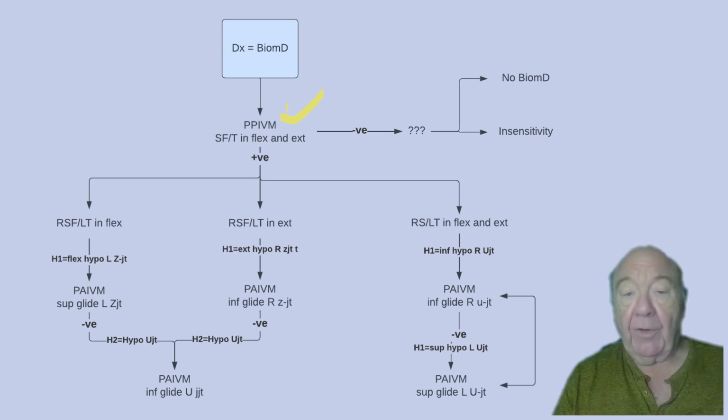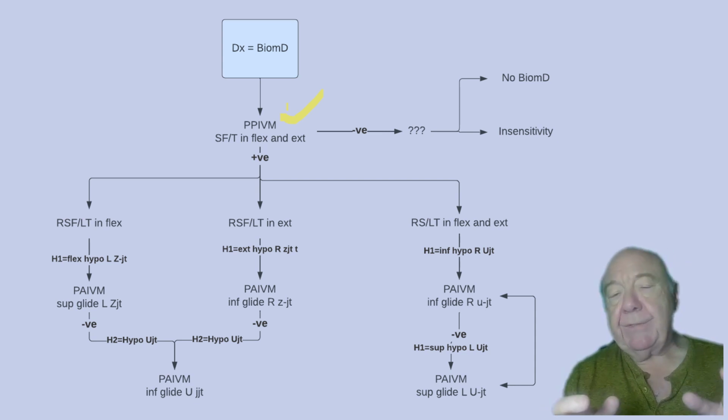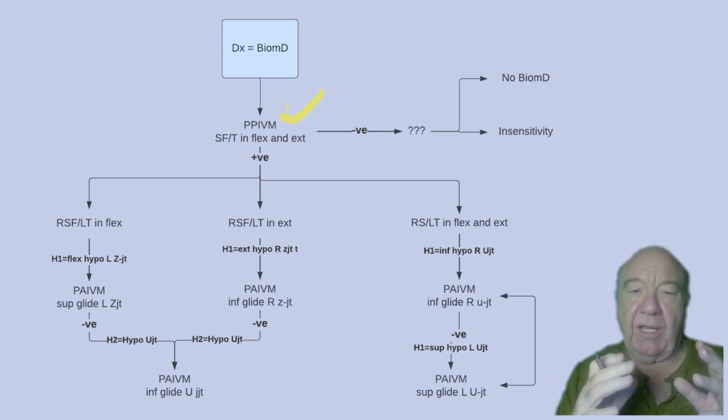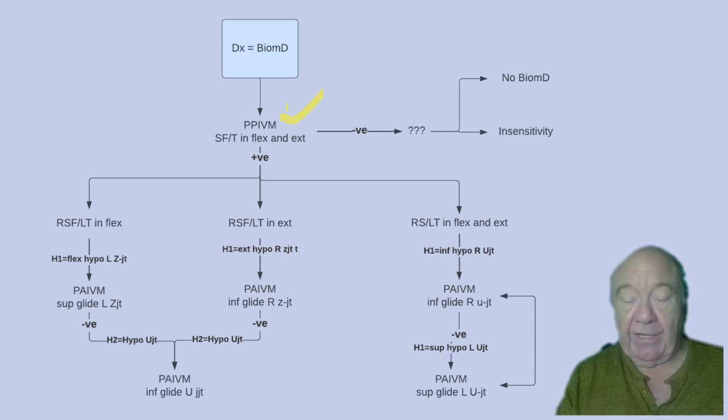You can't get an awful lot of specific information out of these other than there's a problematic segment with particular movements. So for the PPIVMs we're going to do side bending, translation, flexion and extension. You can do them in neutral as well, but you get less information from them.